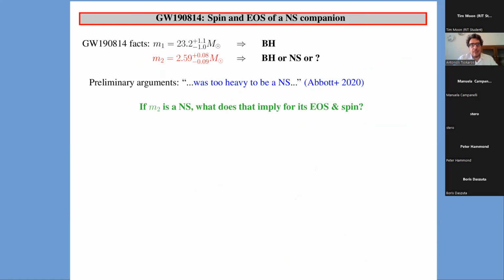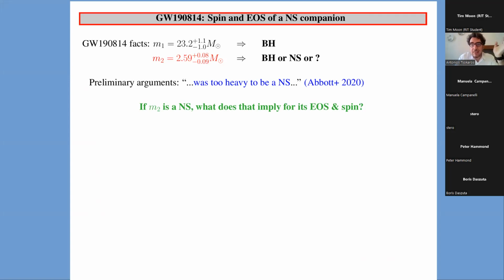Now, related to that is the event GW190814, which had a compact object of approximately 2.6 solar masses, and there was a debate whether that is a neutron star or a black hole or what that is. In this discussion, I'm going to assume that it is a neutron star.